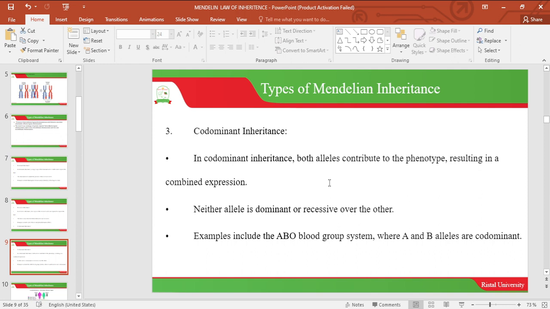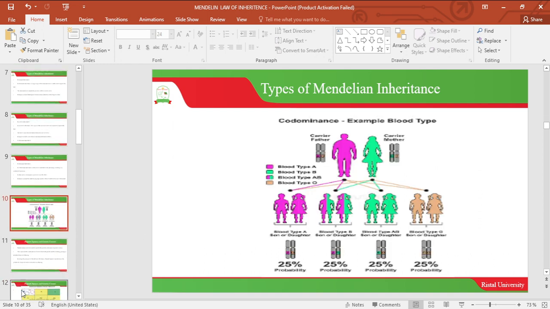Examples of this include the ABO blood group system, where A and B alleles are codominant. The diagram below is depicting codominance, for example, the blood type.